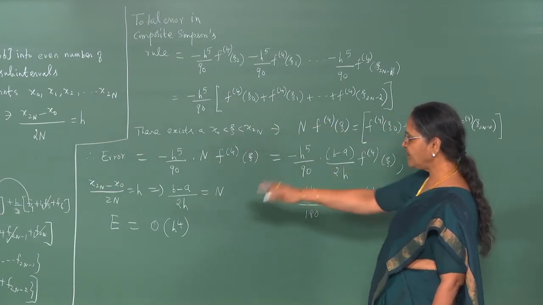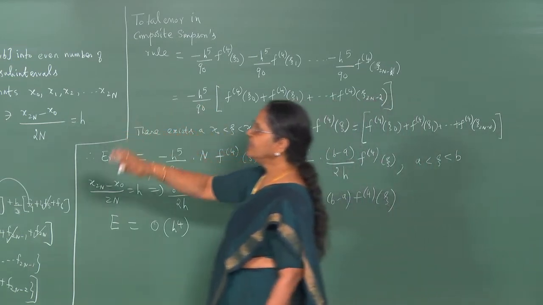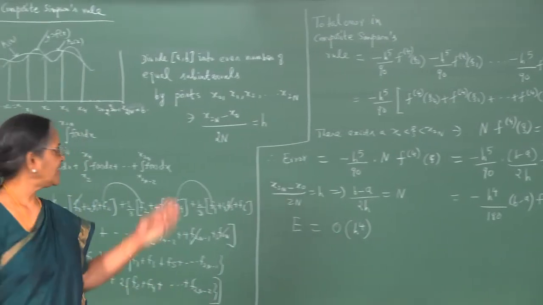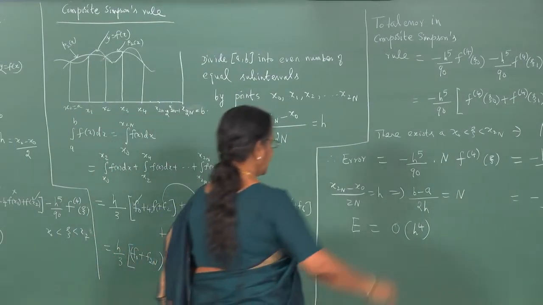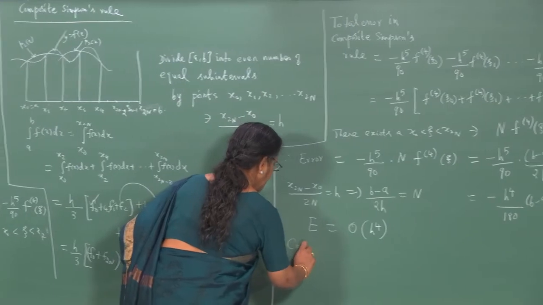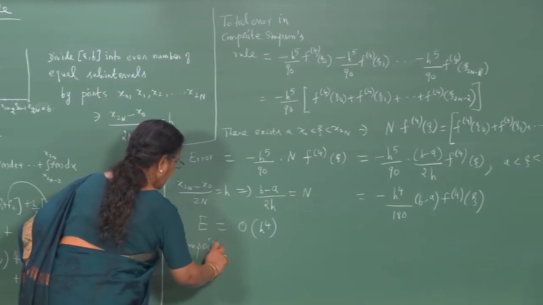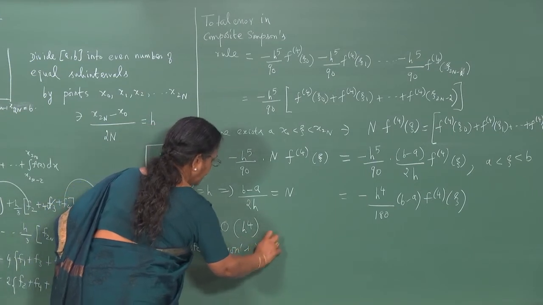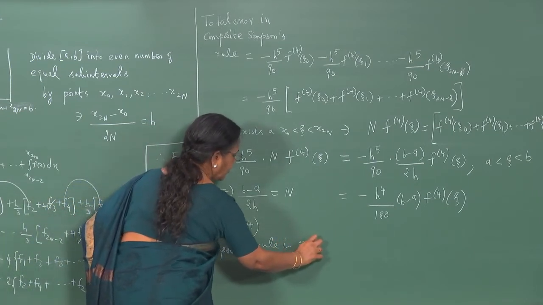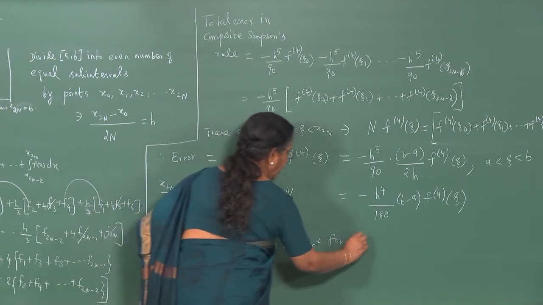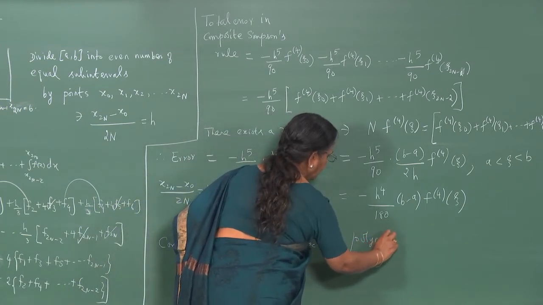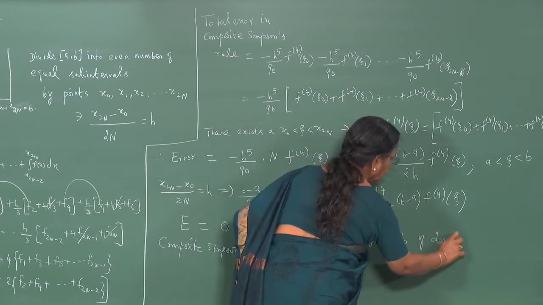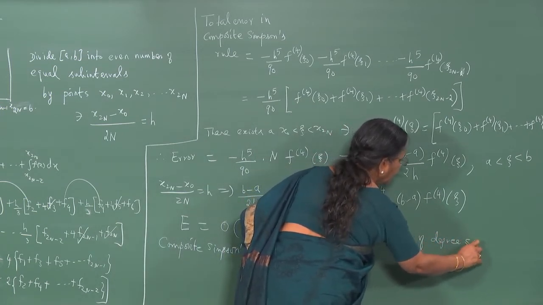The error will be 0 if f of x is a polynomial of degree less than or equal to 3. That is what the error term tells. So, composite Simpson's rule is exact for polynomials of degree less than or equal to 3.